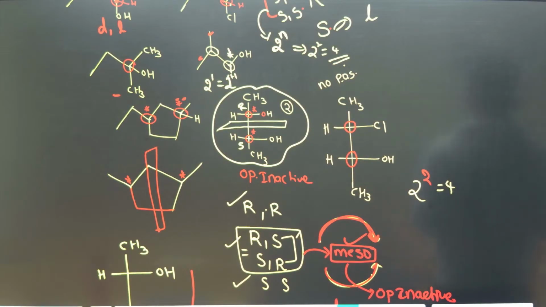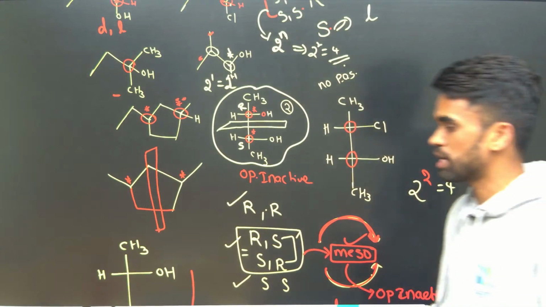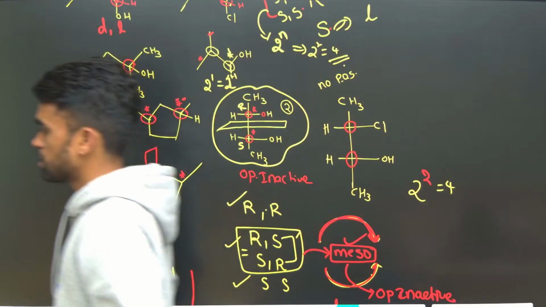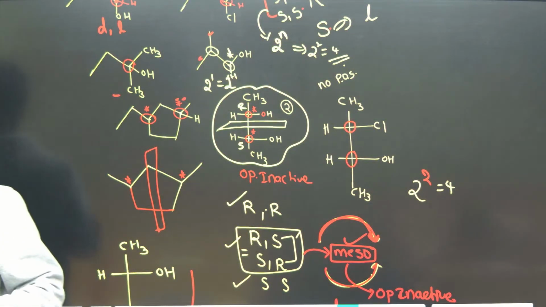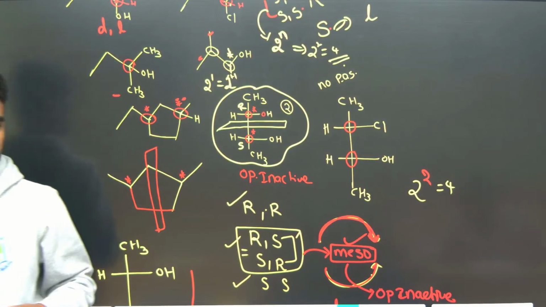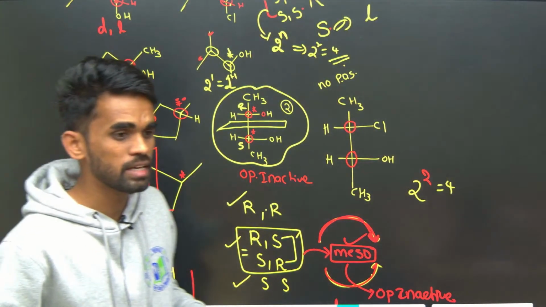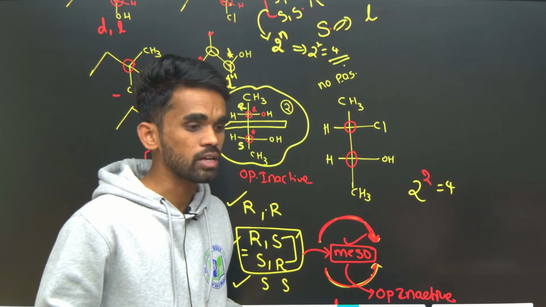If a compound has multiple chiral centers with no plane of symmetry or center of symmetry, POS and COS you can write, then they are optically active.